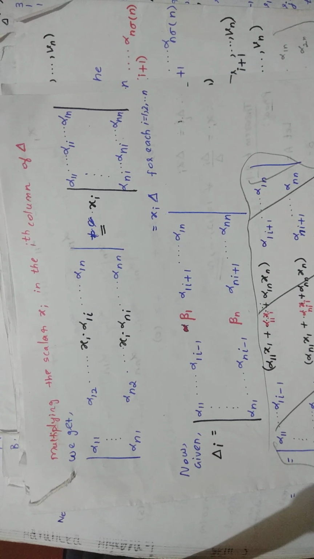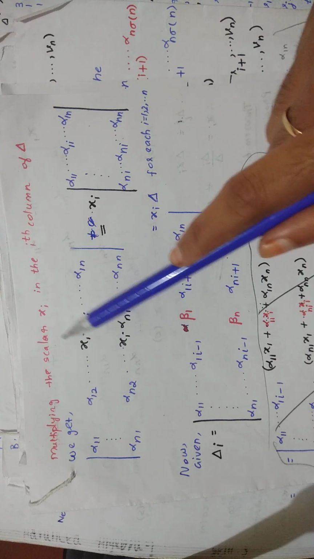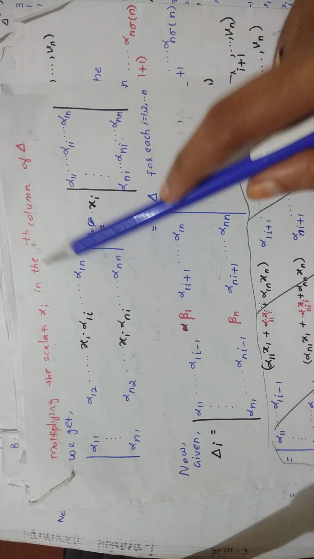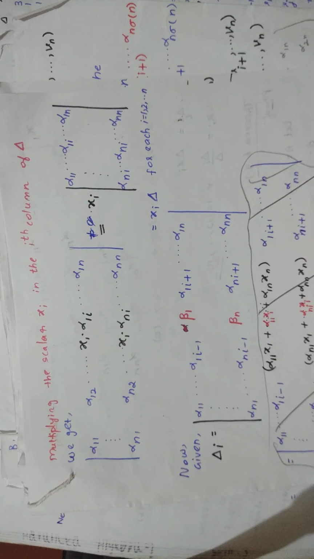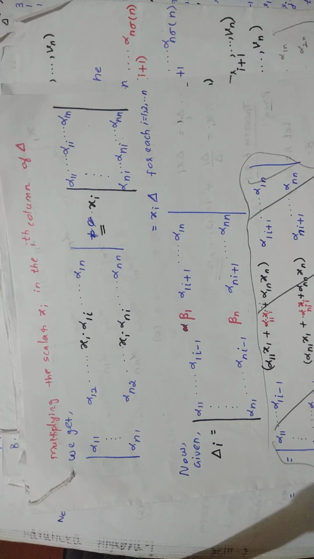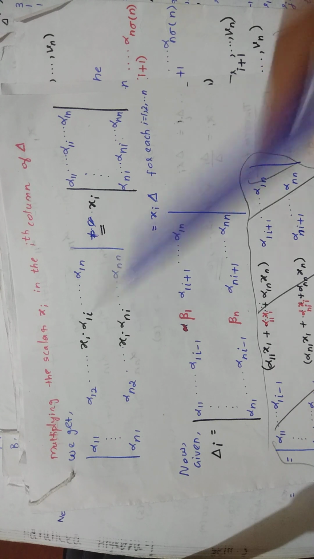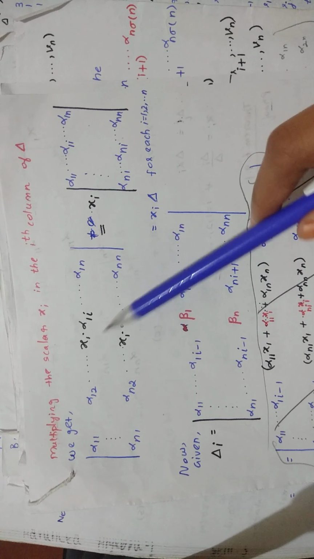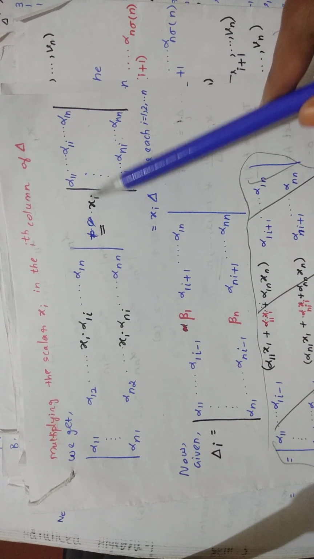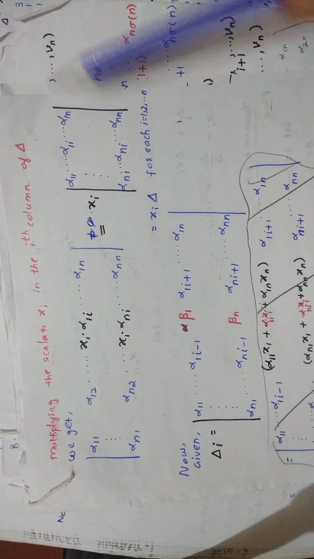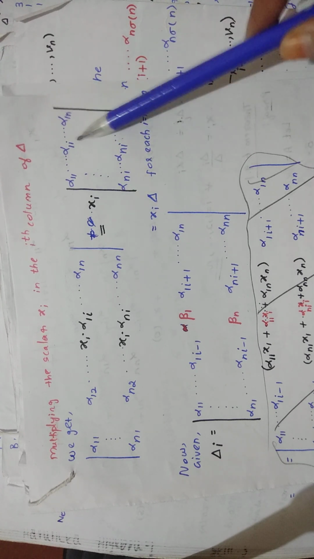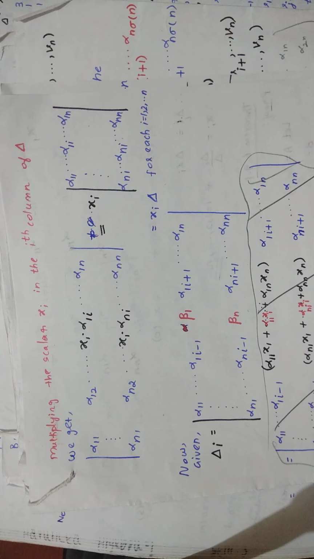A scalar is an element that you take from the field. So you take a scalar xi and multiply it in the ith column of delta, so that you get this. This can be written like this, with xi outside the determinant, by using a lemma.